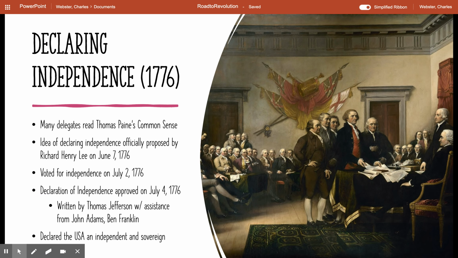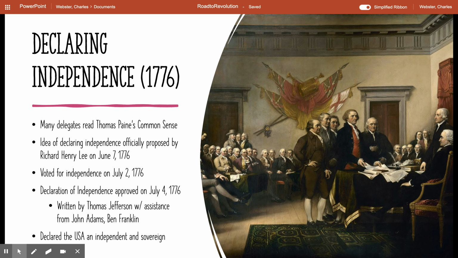And again, this document was mainly written by Thomas Jefferson, but he did have a lot of help from John Adams and Ben Franklin. And this declared the United States as an independent and sovereign nation. And so here's a painting of how this event may have looked, right? Of course, we know it probably didn't really look like this because a lot of the members of the Second Continental Congress weren't actually there at that time.